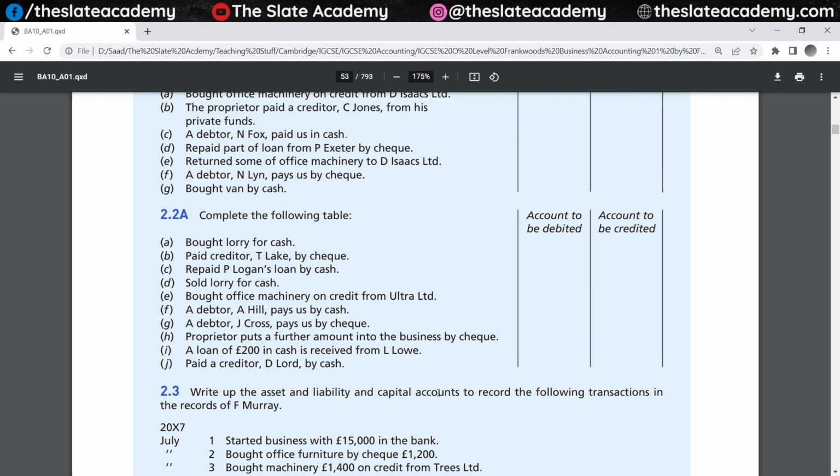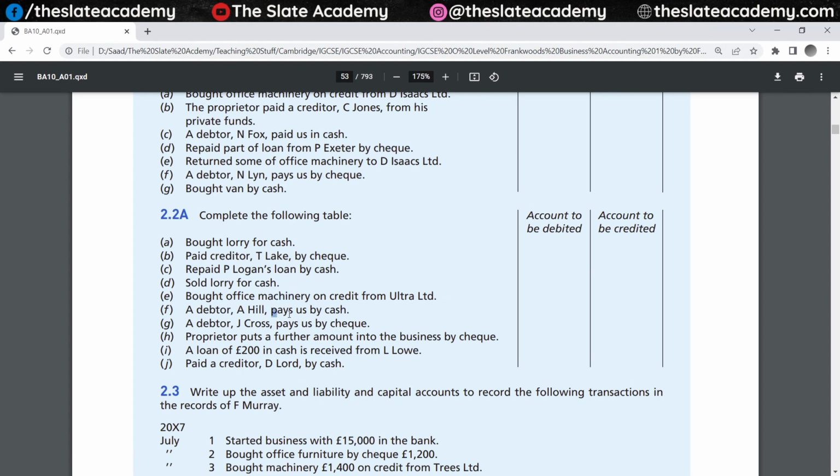Correct. Cash debit, lorry credit. Cash debited, lorry credited. Perfect. Next. Office machinery debited, Ultra Ltd credited. Correct.